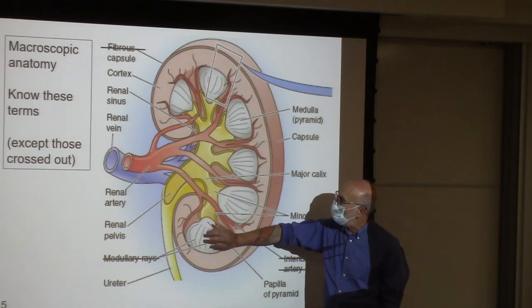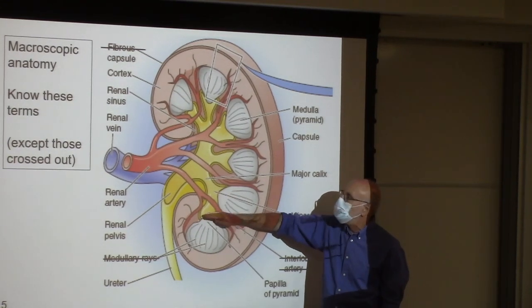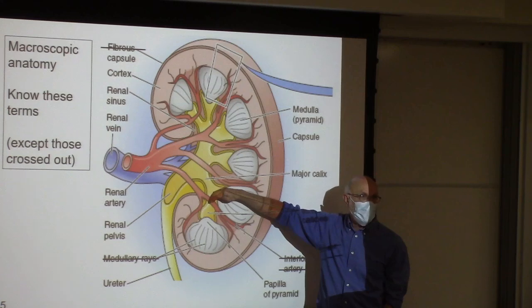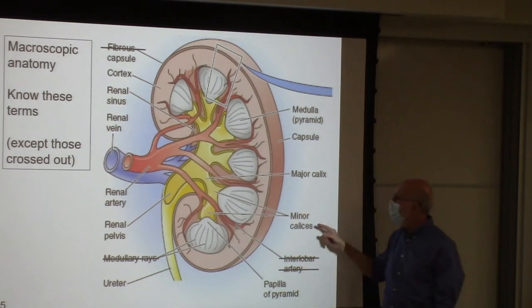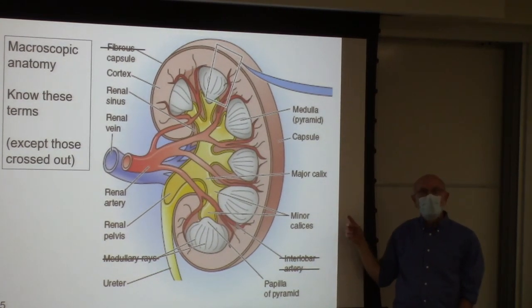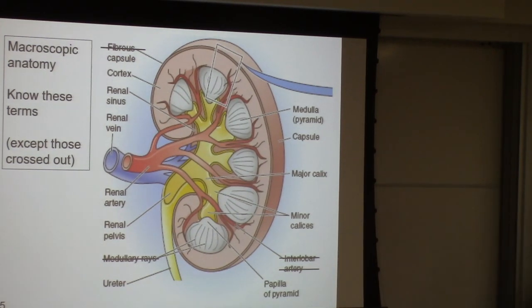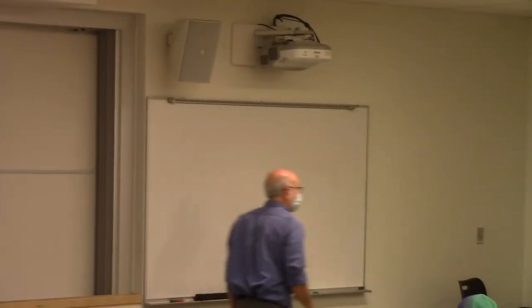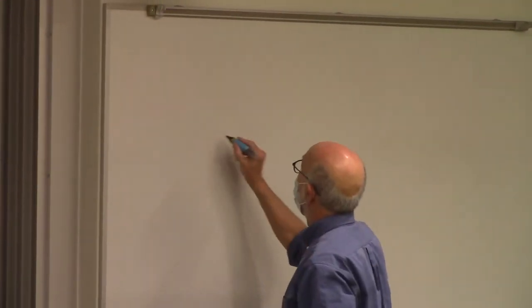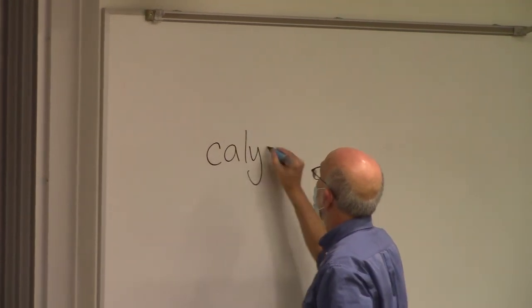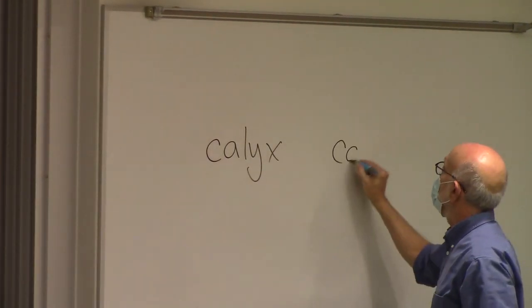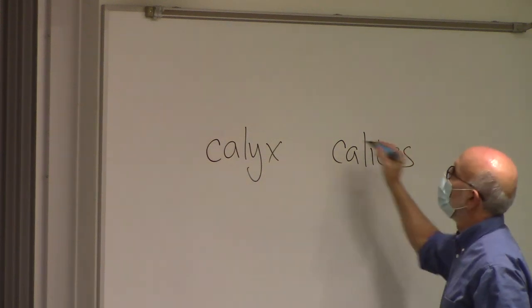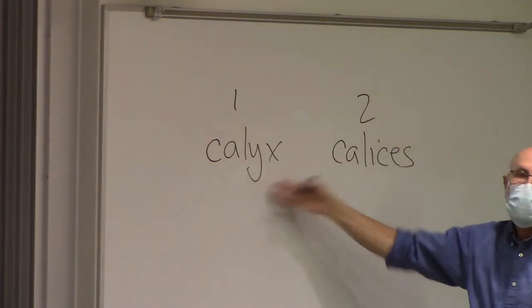The structures that the pyramids are connected to inside the medulla, so now we're getting deeper inside, are called the minor calyces. One calyx, two calyces, singular, plural.